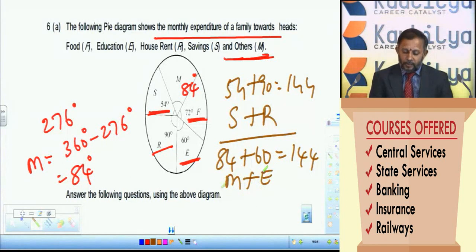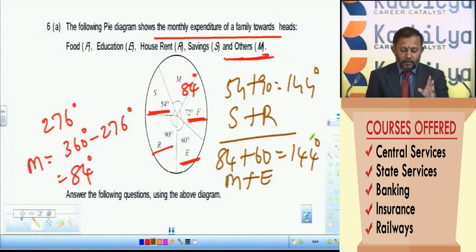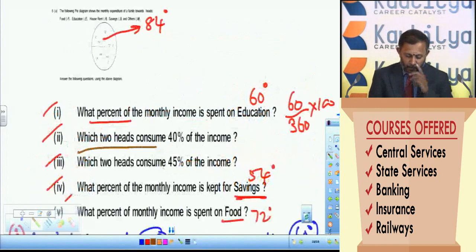So for the second question, which two components give the total value 40%? We calculated 40% out of 360 degrees, which is equal to 144 degrees. So we have to search for the combination of two elements which is equal to 144. The first one is 54 plus 90 and the second one is 84 plus 60. So these are the two.